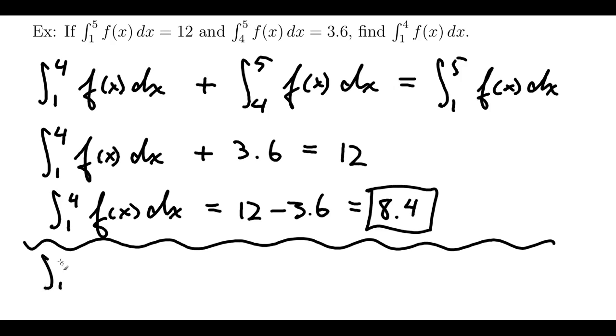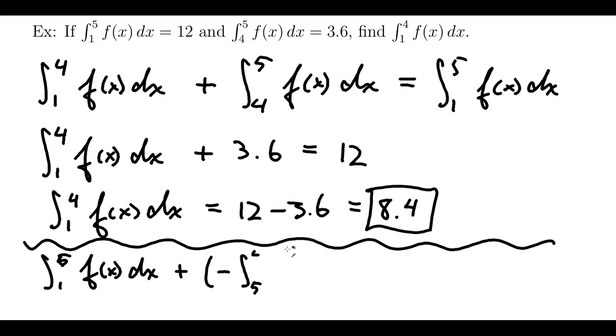So if we wrote the integral from 1 to 5 of f of x dx plus the negative of the integral from 5 to 4, it's maybe not the best way to do that.